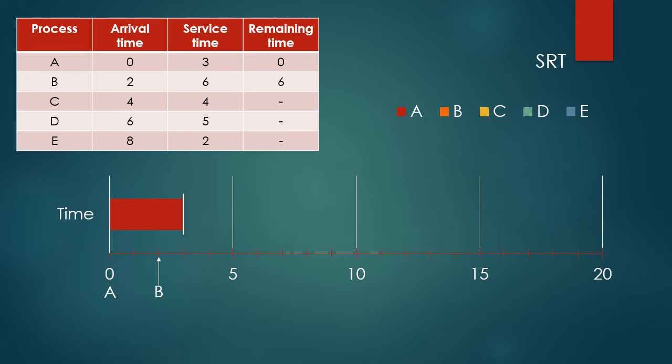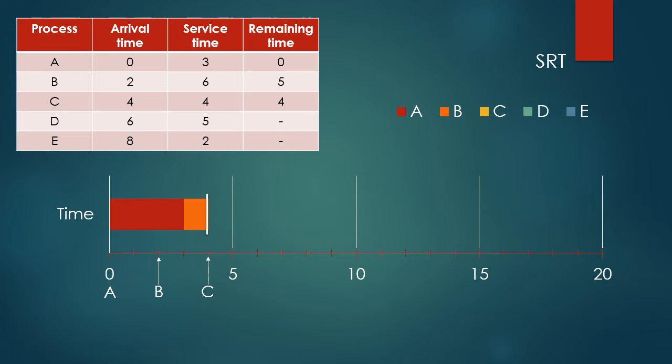B arrived in the system at time instant 2. When A finishes off, B is the only process in the system with a remaining time of 6. Keep in mind that in SRT, preemption can take place at the arrival of a new job. So where were we?